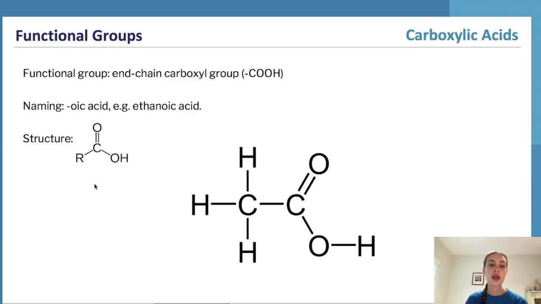The general structure for these is that we have an R group, the general chain of any alkane group, followed by the carbon with the double bonded oxygen, the carbonyl group, and then the single bonded hydroxyl group, oxygen and hydrogen, making that end-chain carboxyl group. Hence that forms the carboxylic acid.